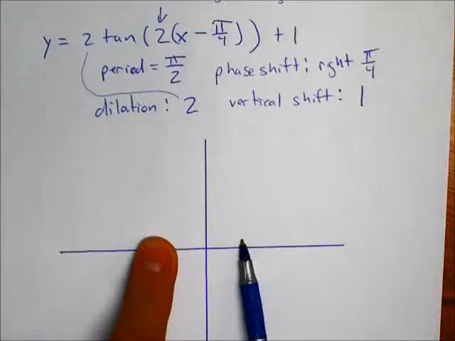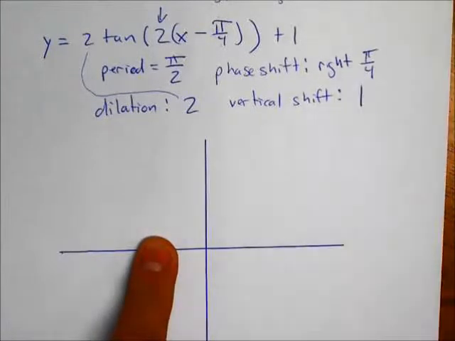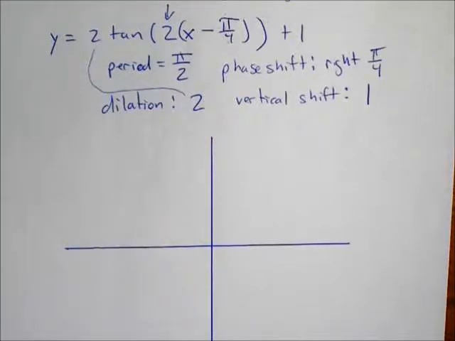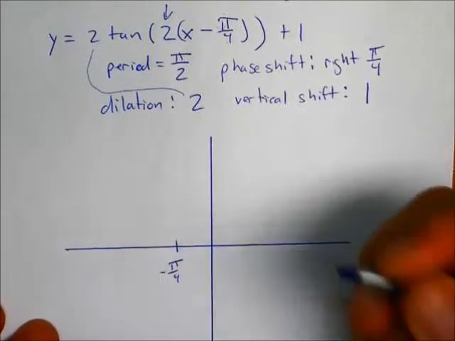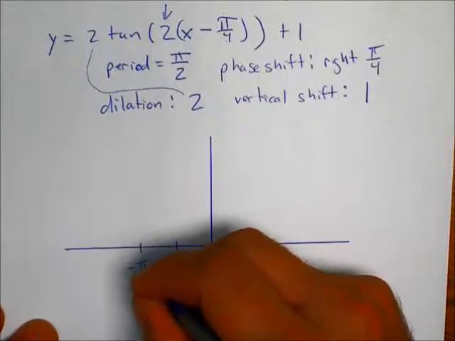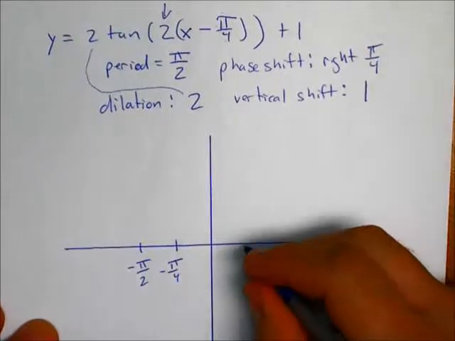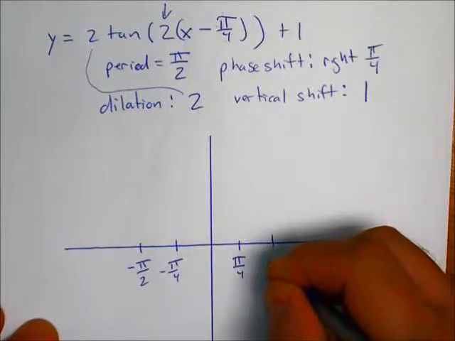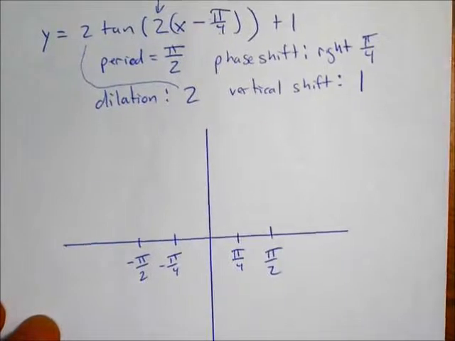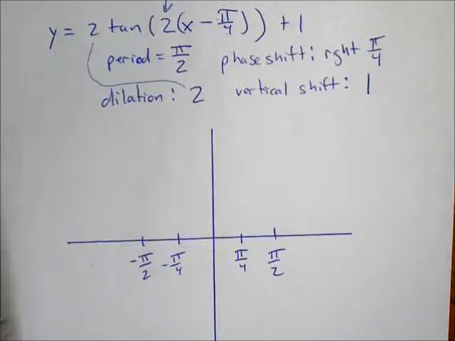You also have to phase shift to the right. Okay? So, that's what I'm going to do. I'm going to do pi over 4, negative pi over 4, negative pi over 2, pi over 4, and pi over 2. I'm going to take you on a journey of every single one of these asymptotes.